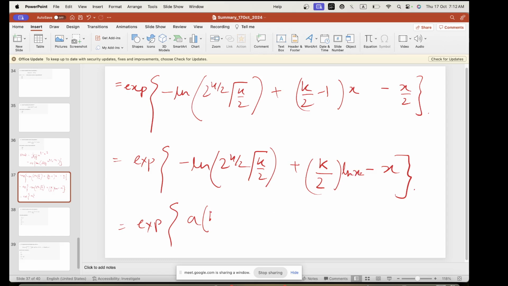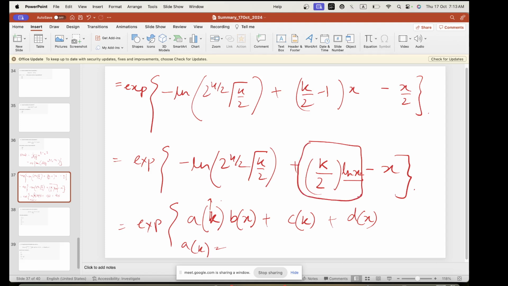So if this is a(k) b(x) plus c(k) plus d(x), here the parameter of interest is, let's say, k. So we have to look for terms where k and x come together.